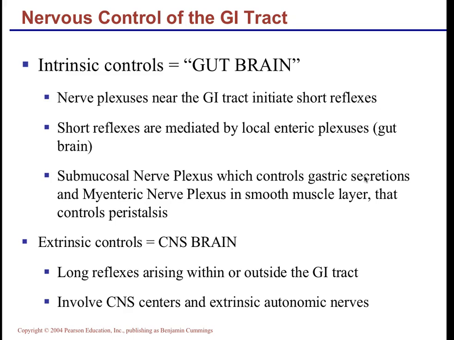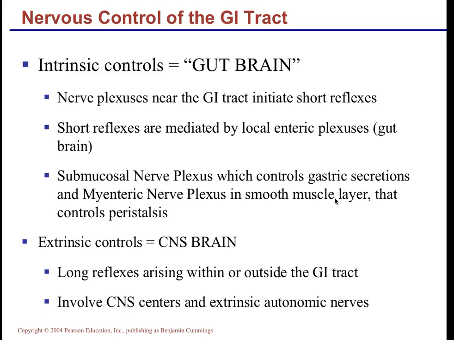Now, there's going to be a second nerve net in your gut brain called the myenteric nerve plexus. It's in that smooth muscle layer. And the smooth muscle layer is what controls the movement of the food, peristalsis. Is it moving quickly? Is it moving slowly? And the gut brain decides depending on what you've eaten.